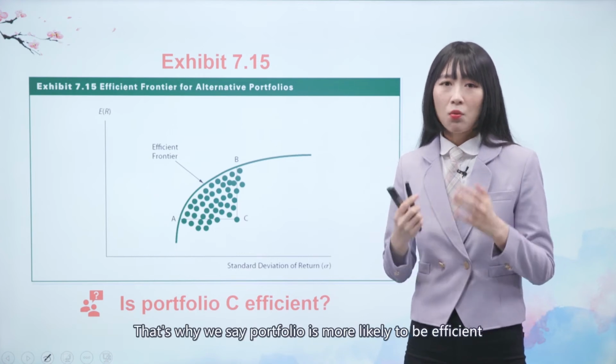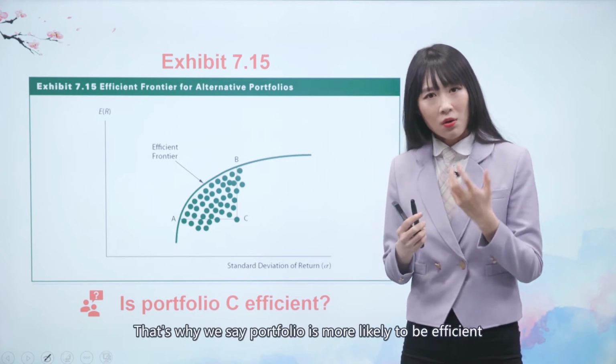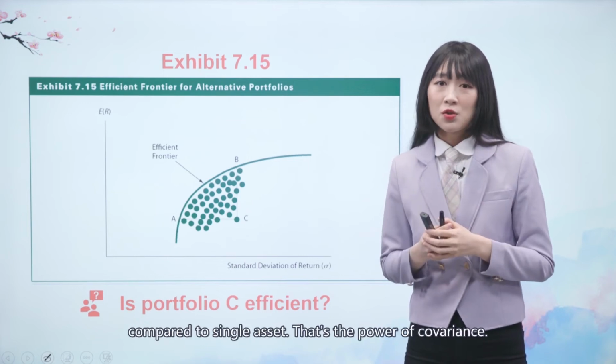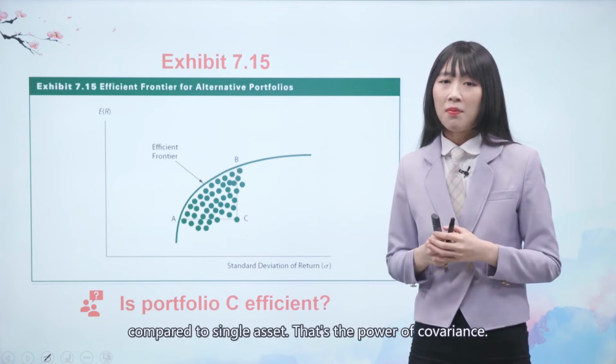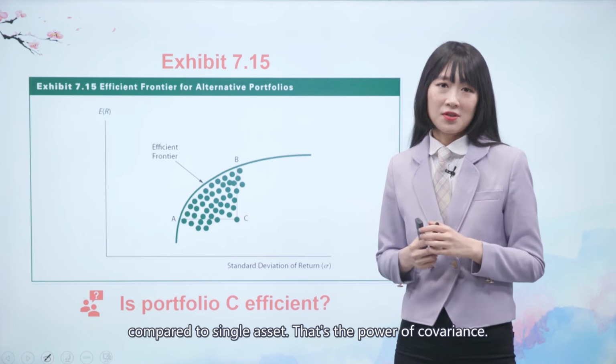So that's why we say a portfolio is more likely to be efficient compared to a single asset. That's the power of covariance.